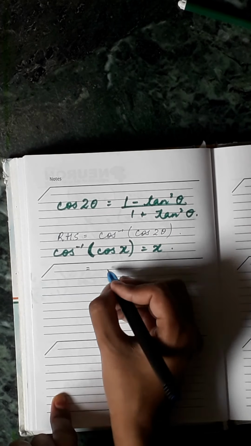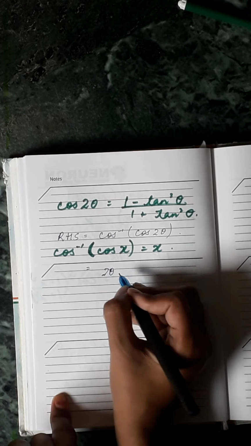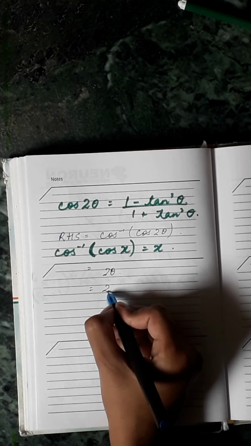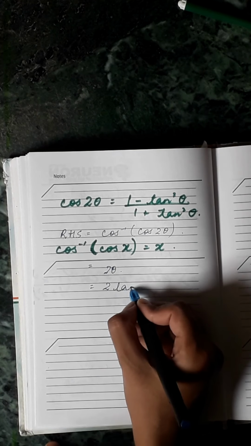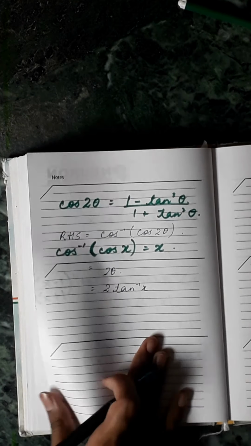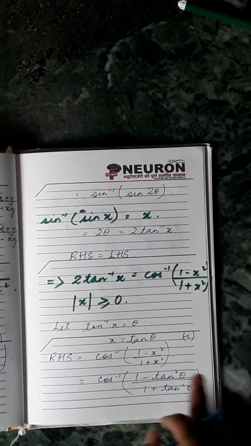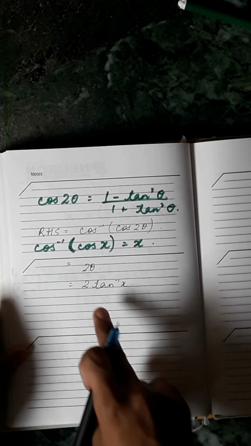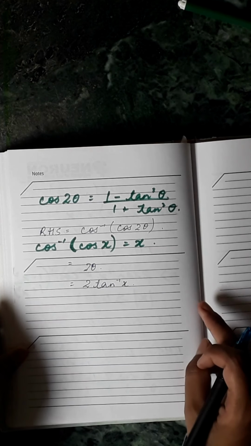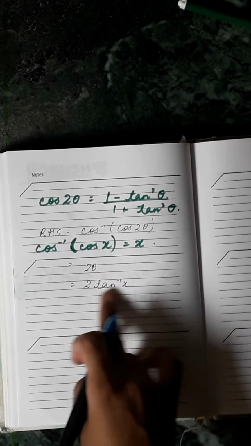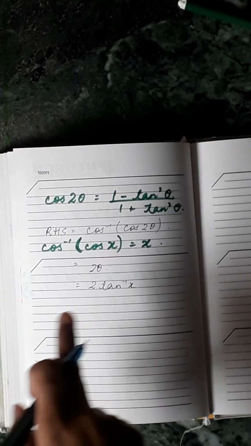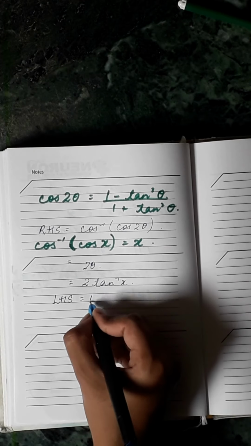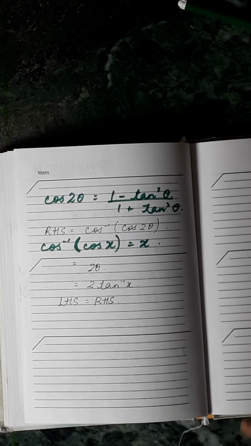In place of this, you can write 2 theta. Using this property, cos inverse cos 2 theta is equal to 2 theta. Now in place of theta, you can write tan inverse x. See, you have let tan inverse x is equal to theta. So in place of theta, you wrote 2 tan inverse x. So this is what? This is the LHS. So your RHS has become the LHS. That means you have proved it. LHS is equal to RHS, hence proved.